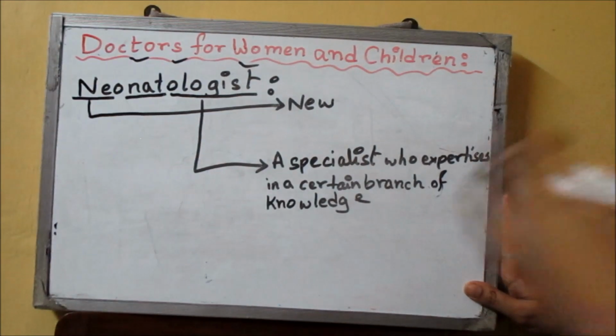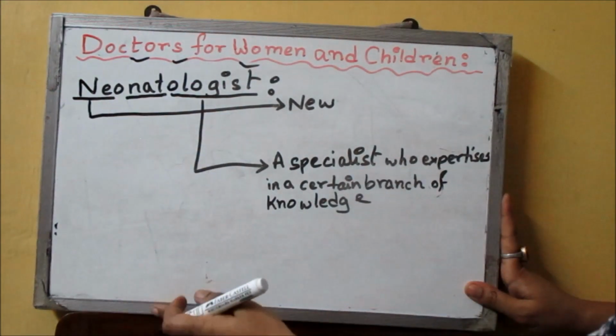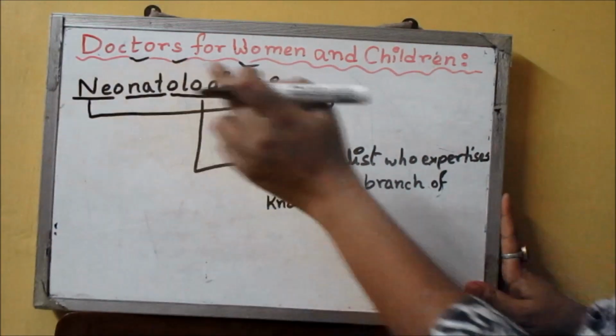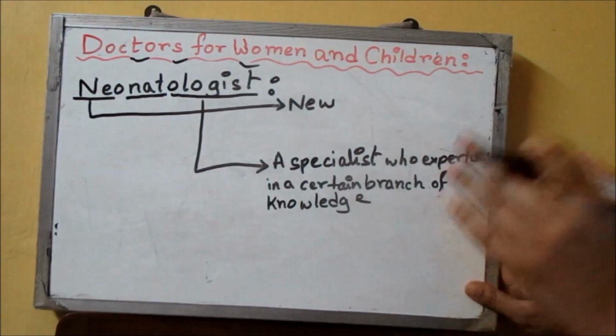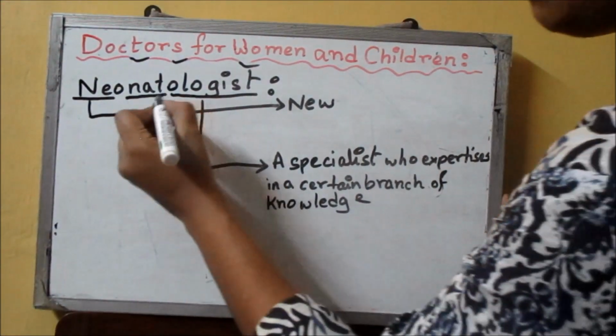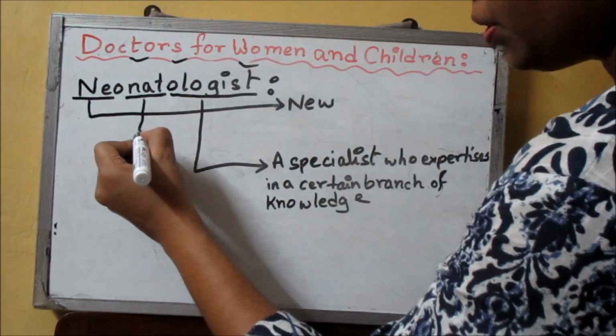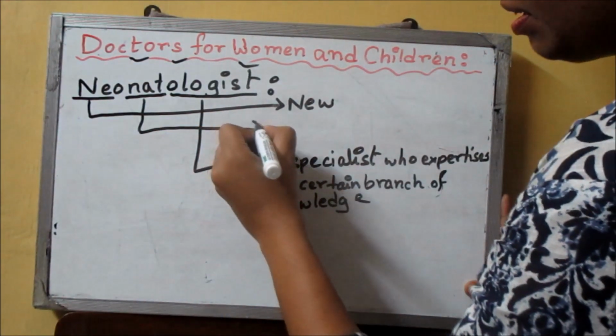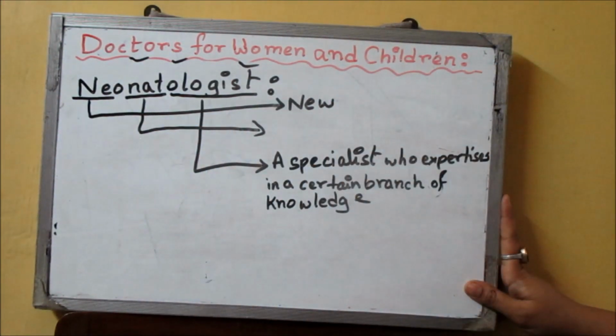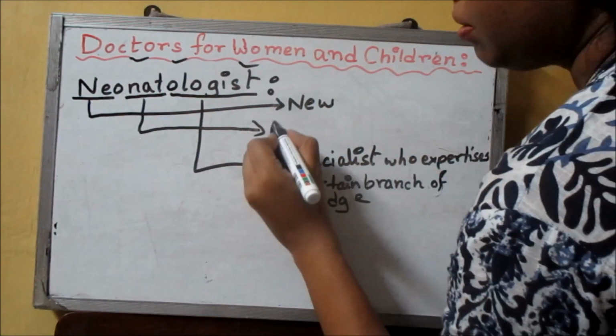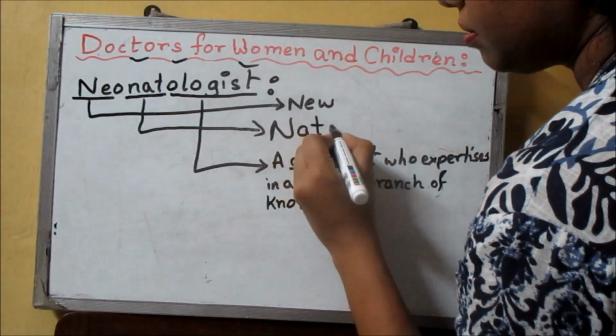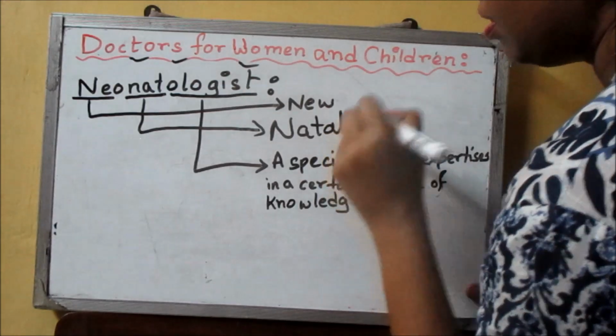So we are already familiar with the word neo and ologist. Which is the part that is new to us? The word nat. The word nat here has been derived from the word natal. Okay.